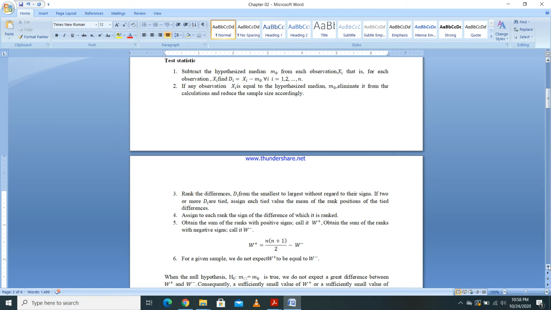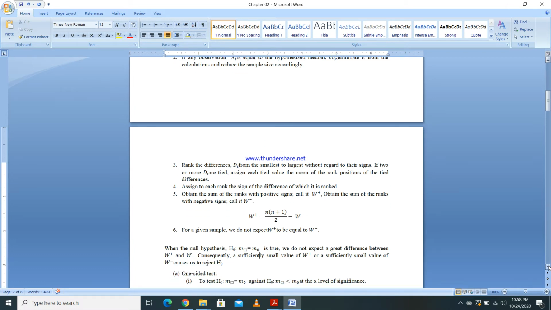But what will happen if the null hypothesis is correct, that is, if the median value is equal to the given median value? In that case, W plus and W minus would still be different, but there will be a small change.